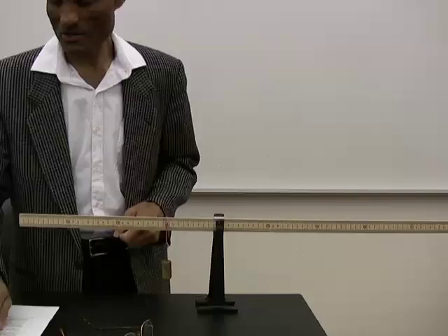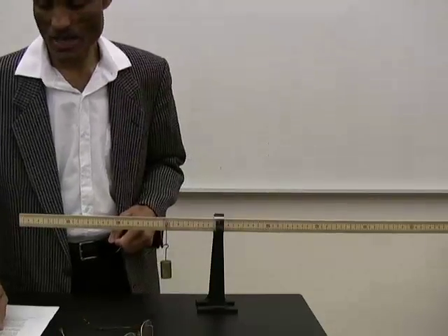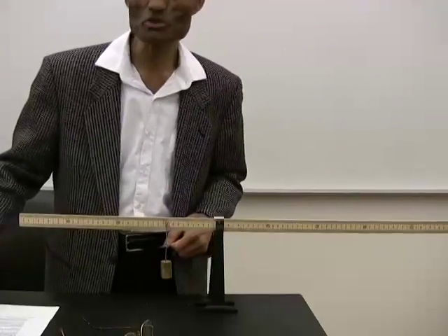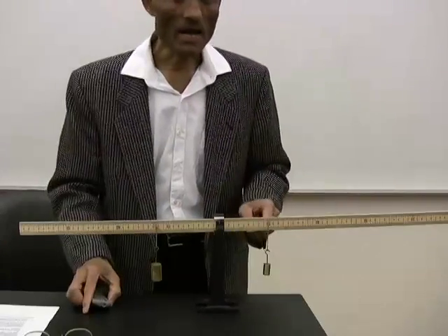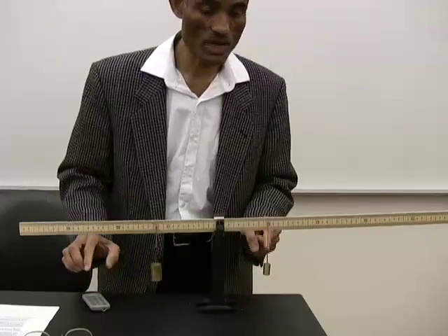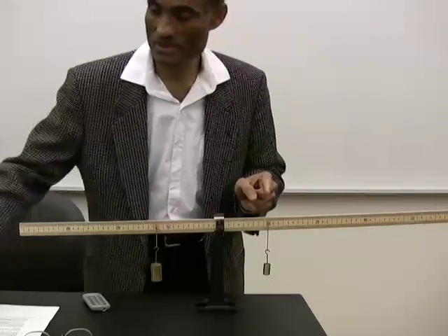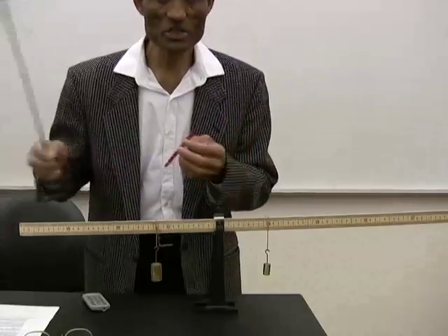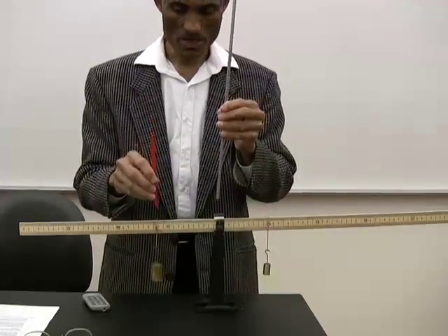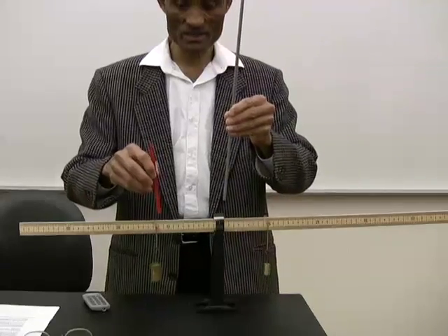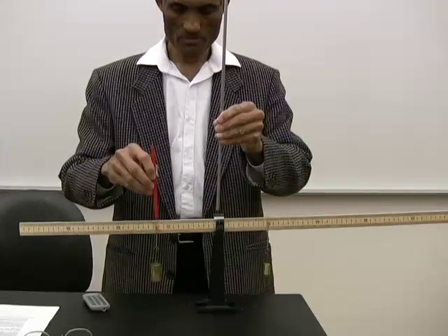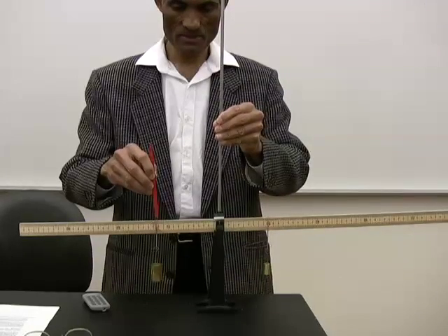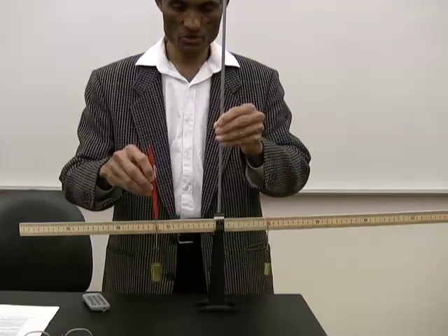Now, suspend a mass m equal to 20 gram from the center of gravity and measure the new X. I have a mass of 20 grams suspended from the center of gravity, and now measure the new X. Alright, measure this X value. That is the X value when the mass suspended is 20 gram.